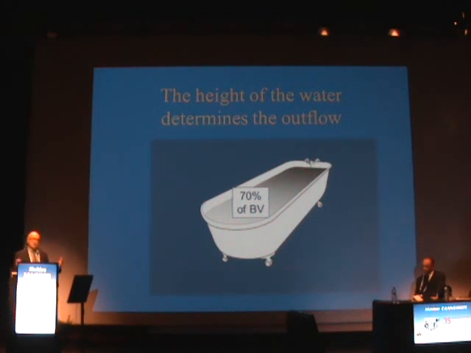Now, it means if you have a large volume with a low pressure, it's very compliant. So the model that is being used here, and also in Guyton's analysis, is what's called a lumped parameter model. You're assuming that the bulk of the volume is in one place, and that's a very good assumption, and therefore it determines the draining of the peripheral system. That volume creates a height which drives the fluid out through the bottom, and we call that in the veins and venules the mean systemic filling pressure.